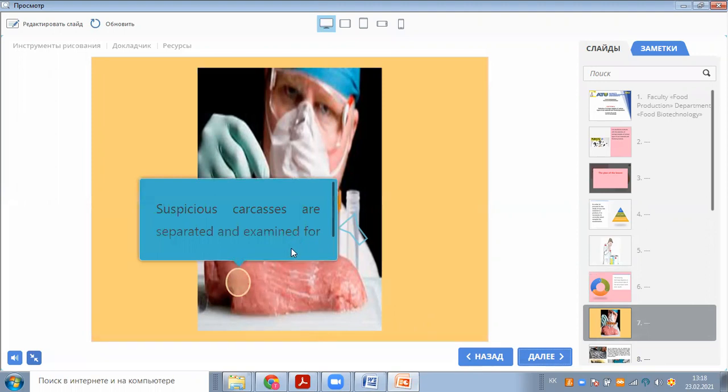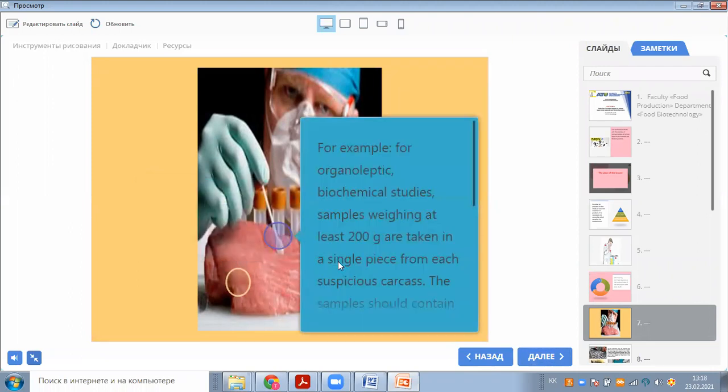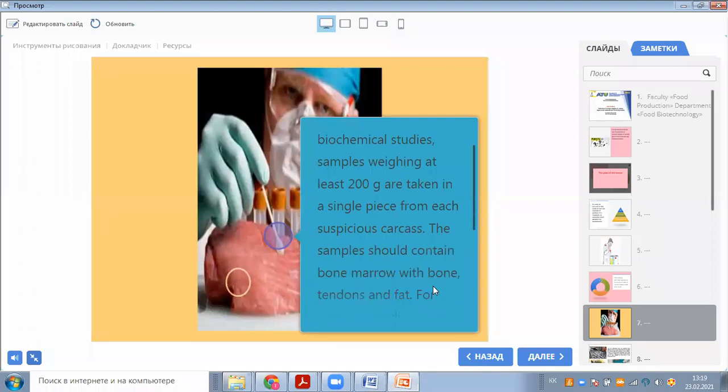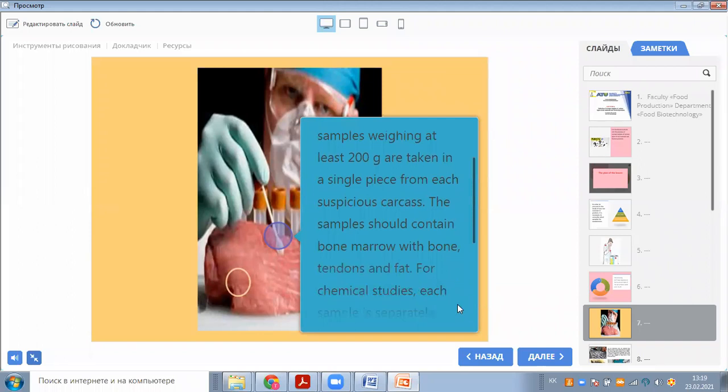Suspicious carcasses are separated and examined for infectious disease. Yes, and for example, for organoleptic and biochemical studies, samples weighing at least about 200 grams are taken in a single piece from each suspicious carcass. And the sample should contain bone, marrow with bone, tendons, and the fat.